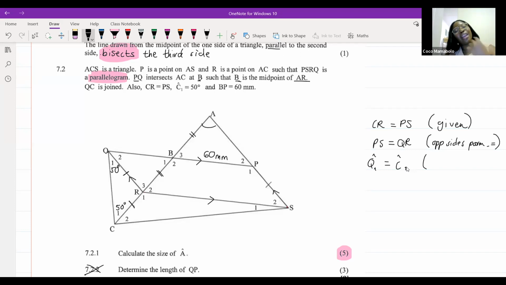We need to use the actual reason. Who remembers what the actual reason is? It's angles opposite equal sides. We cannot just say isosceles triangle. We have to say angles opposite equal sides.